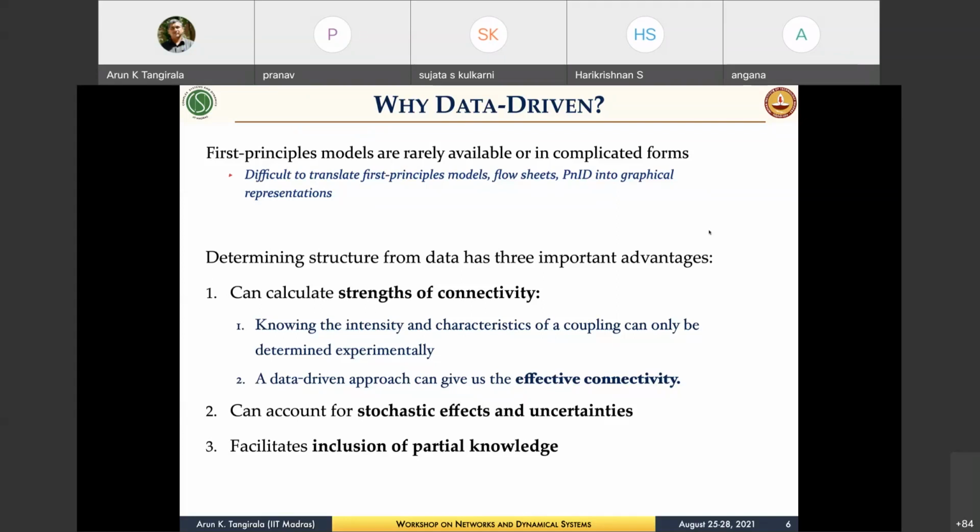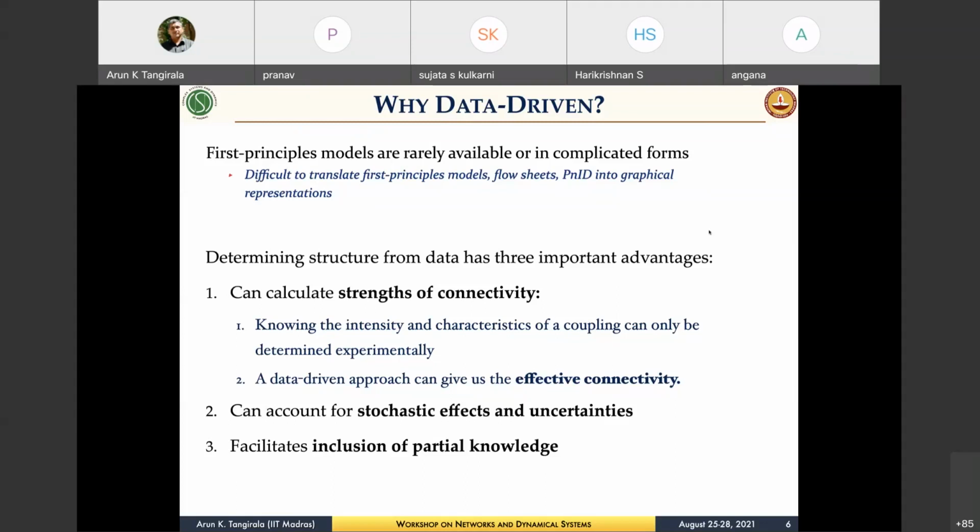They want to know effectively which subscriber is connected to many other subscribers, and then they use graph properties to figure out the most important subscriber and so on. Such effective connectivities can only be constructed from data. And this term effective connectivity has more or less emerged from neuroscience. Let me tell you that causal discovery is a very, very important branch of data science applications in neuroscience.